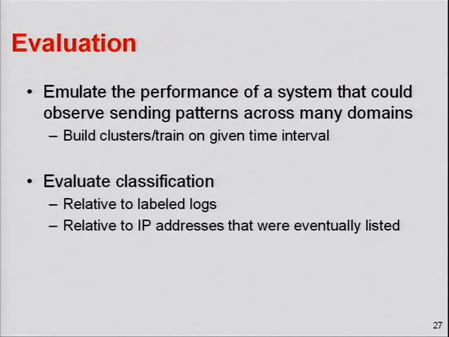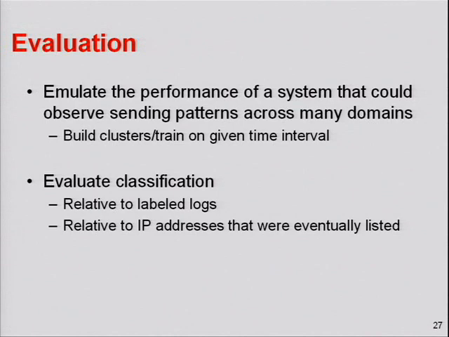So what we can do is train based on imperfect labels. That is, what some other spam classifier decided was spam or legitimate mail, and then compare what this classifier got relative to what that other classifier said was spam or legitimate mail.